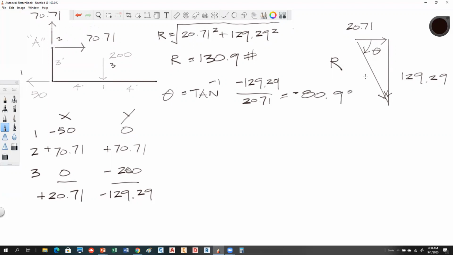Okay. Is everybody okay with that? Yeah. So that's no different than component methods at this point.